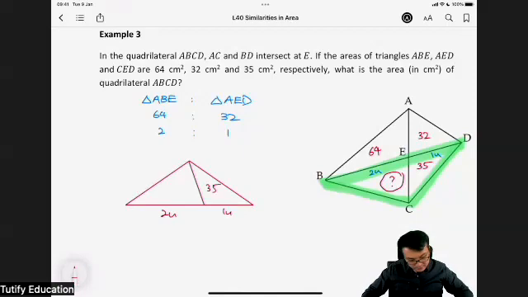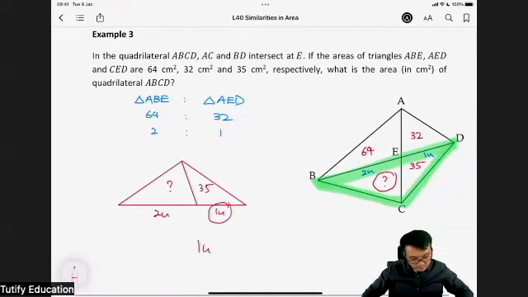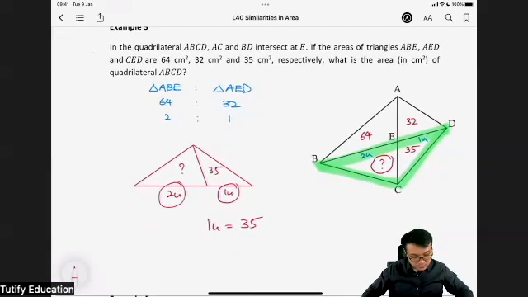This is 35. So what should this be? Look at the ratio, students. 1 unit equals 35. So 2 units equals 70.